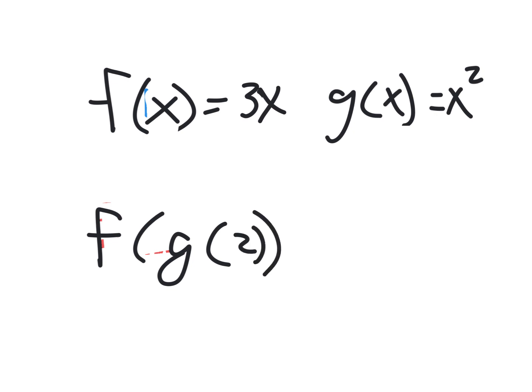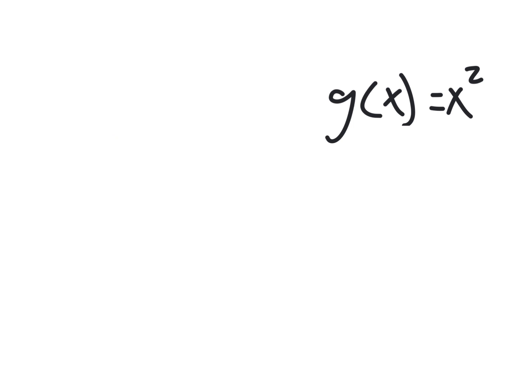Whenever you have a nested problem, nested parentheses, go into the inside and then work your way out. Remember, I told you if you get stuck on a really hard problem, just go one step at a time. So what's your first step? Stick 2 into the g equation.